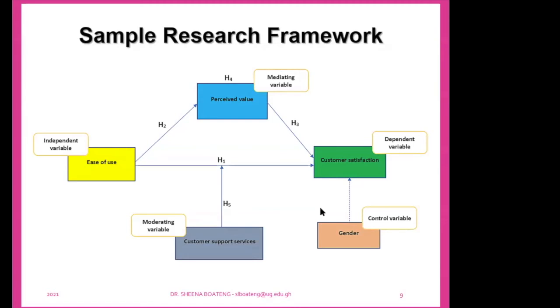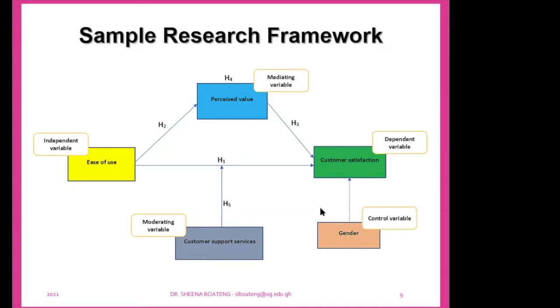But with customer support services being a moderating variable, it is not intervening, so it's not in between, but it is influencing the relationship nonetheless, such that it can either make the relationship stronger or weaker. That's the role that a moderating variable plays. Whereas the mediating variable inserts itself in the middle, and the independent variable has to go through it in order to affect the dependent variable, the moderating variable does not insert itself in the middle.